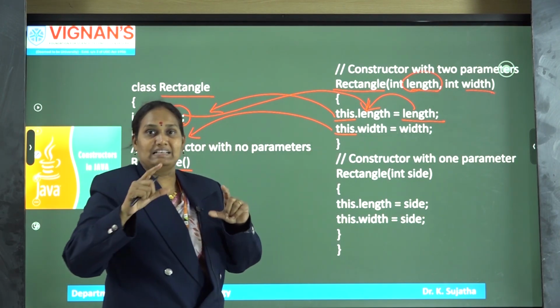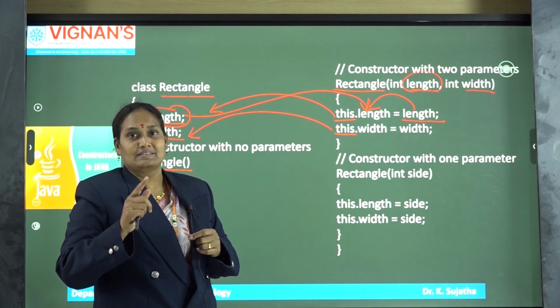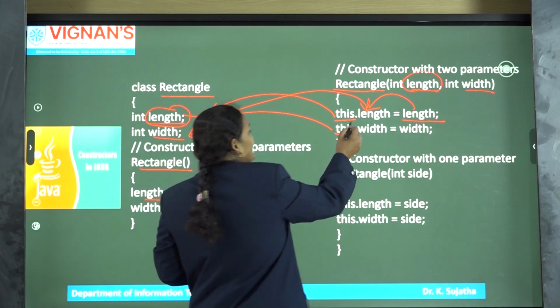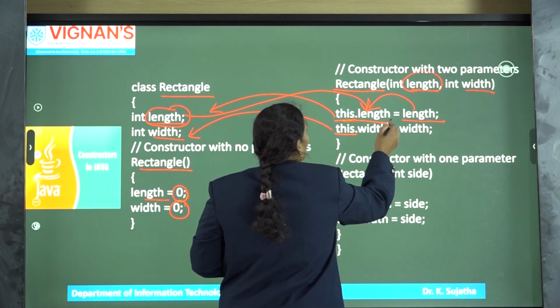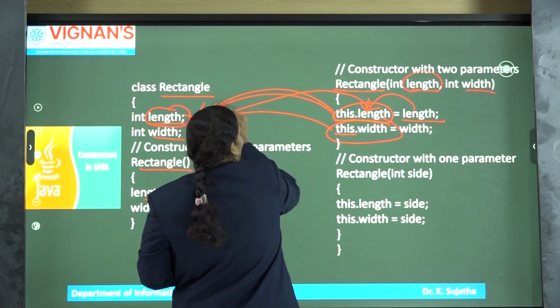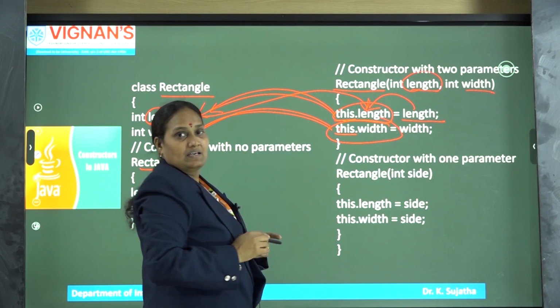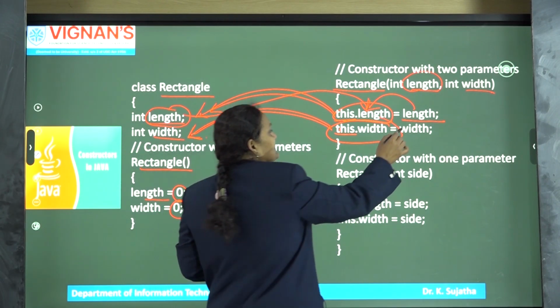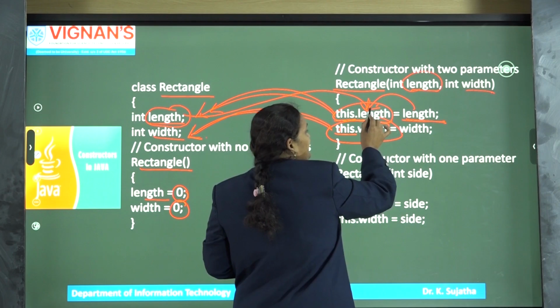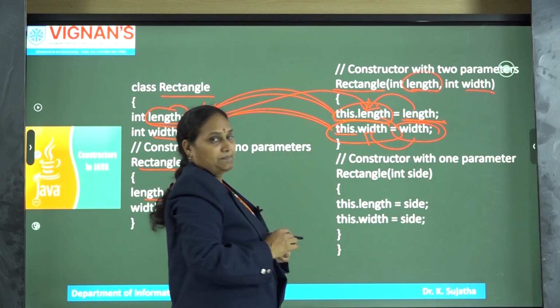The current instance variable can be represented by using the this keyword. So this.length represents the variable present in my class, and this.width represents the variable present in my class. Whatever value is present in length can be assigned here, and whatever value is present in width can be assigned here, right?